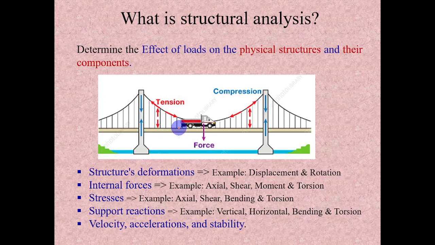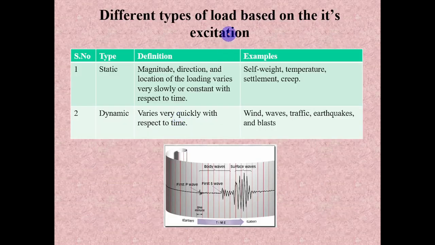Based on these loading conditions, based on its excitations, we can classify the loading into two different types. Suppose the magnitude, direction, and location of the loading vary very slowly. In the case of temperature, it will vary very slowly, or in the case of sulfate, it will mostly be constant.